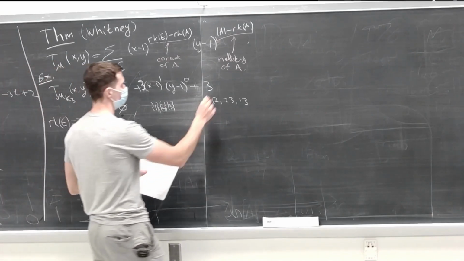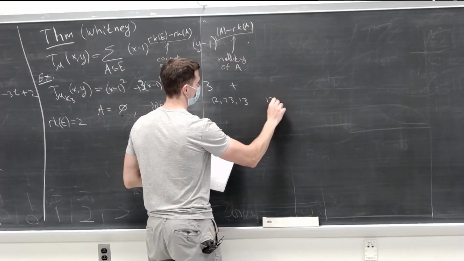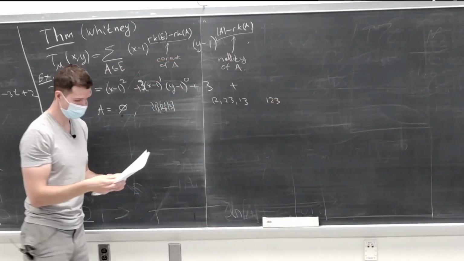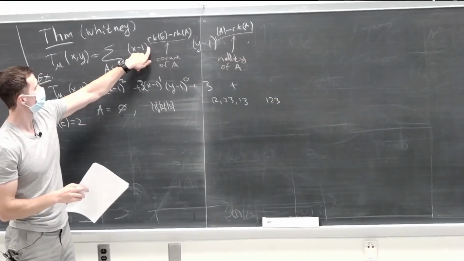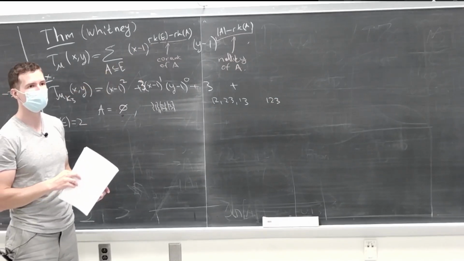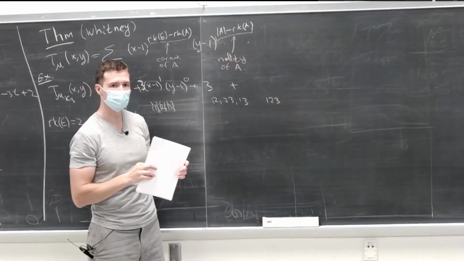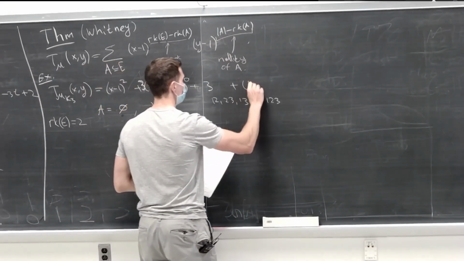So just a plain 3. And finally, I have {1,2,3}, a single set. Then the first exponent is going to be 0, and the second is going to be 1. Nice: y minus 1.